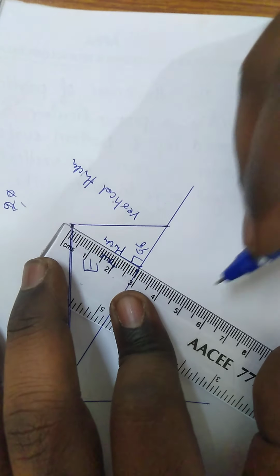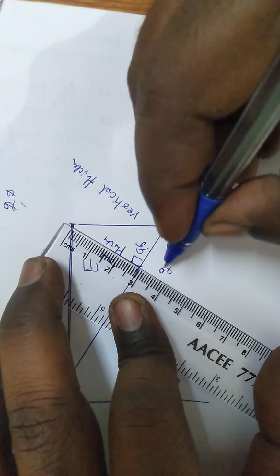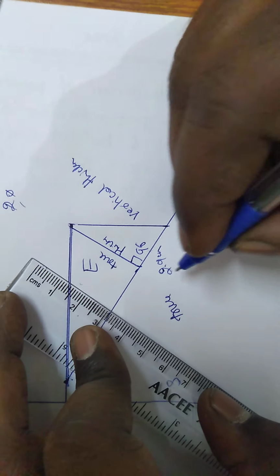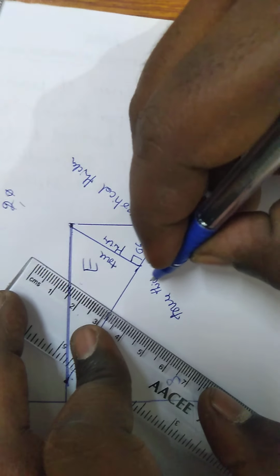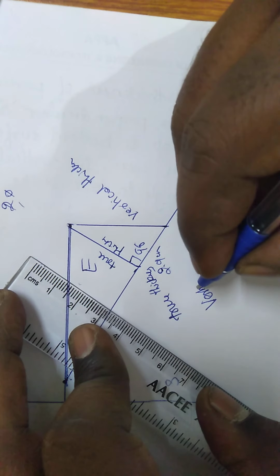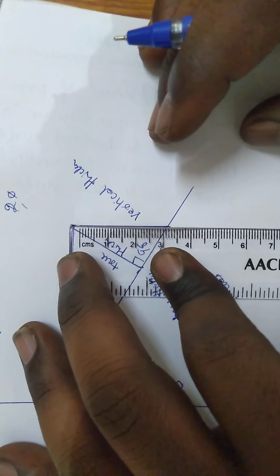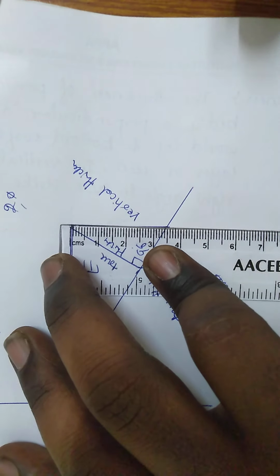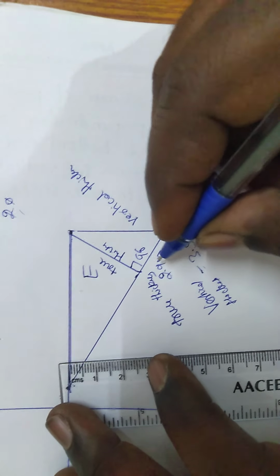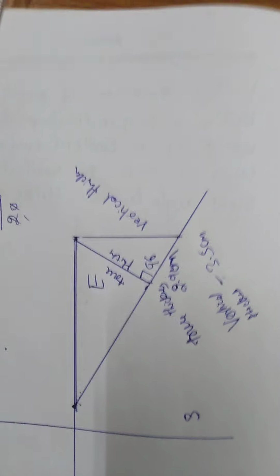How much is it? 2.9 centimeters. 2.9 centimeters is your true thickness. And for the vertical thickness, measure using the scale. From here to here it is 3.5 centimeters. This much is your outcrop problem.